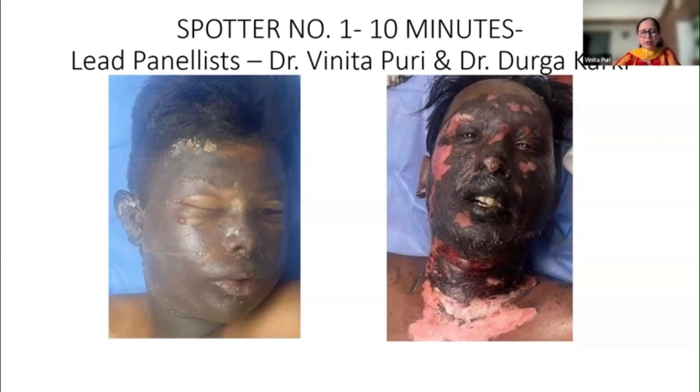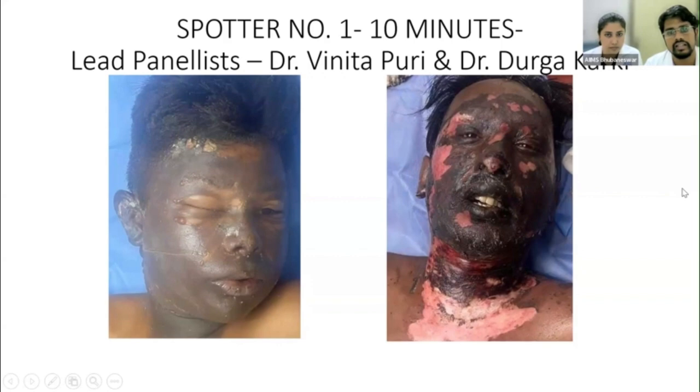If you get a patient, the way you see on the left side, what are the specific things that you would like to examine in this patient? Ma'am, first we'd like to see the condition of the airway, ma'am. How is the airway pattern?